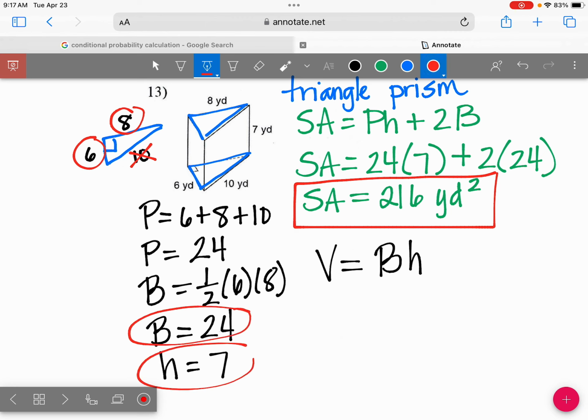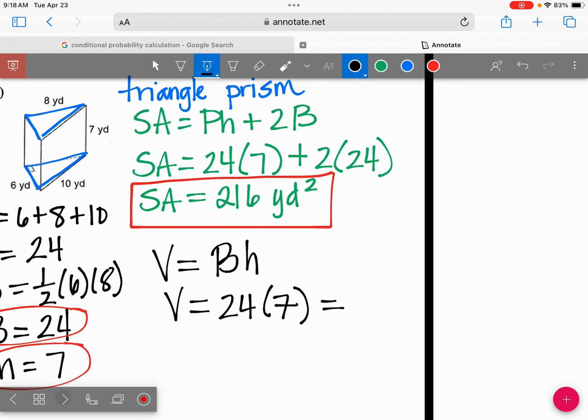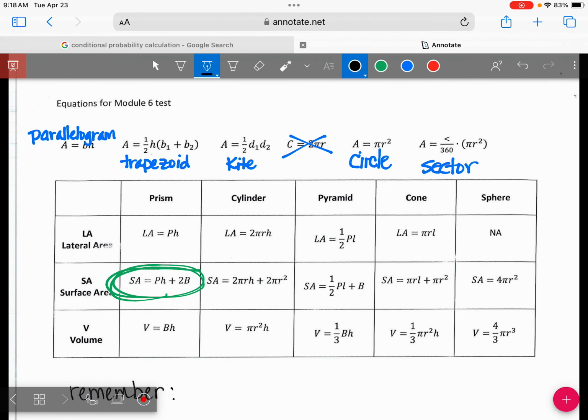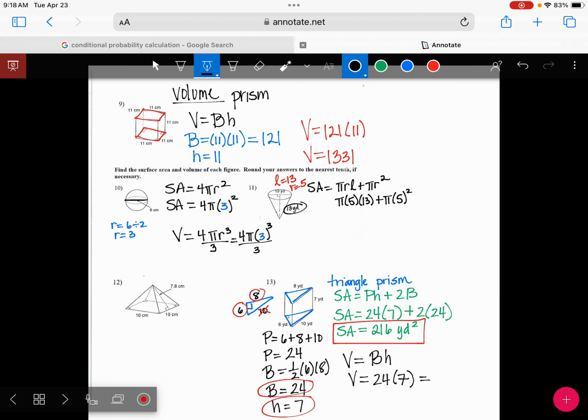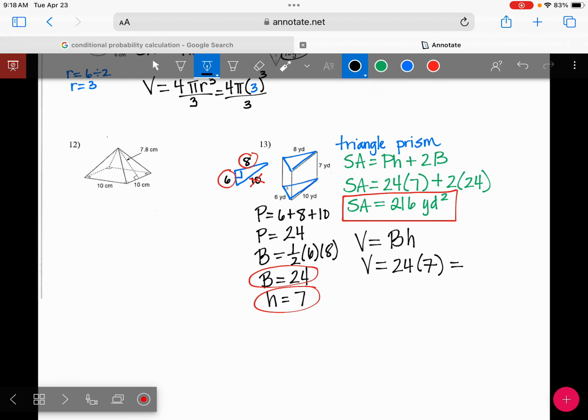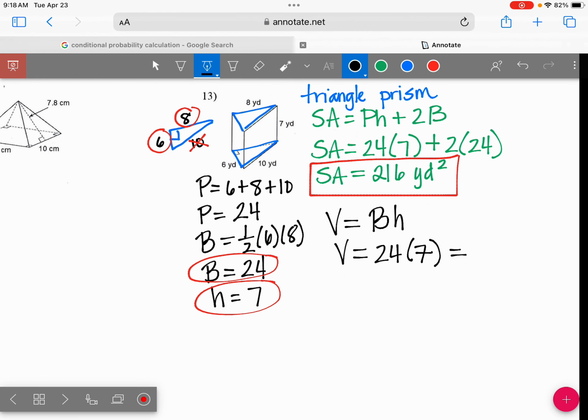So you're just multiplying these two. So volume is 24 times 7, which is 168. And it would be yards cubed.